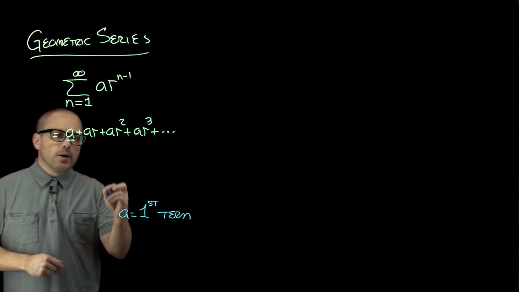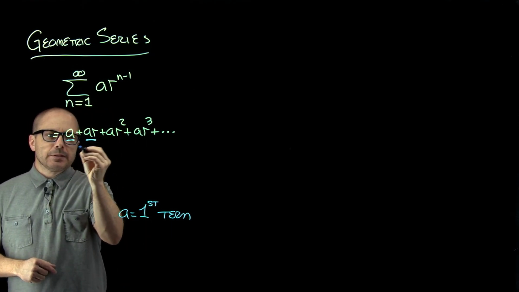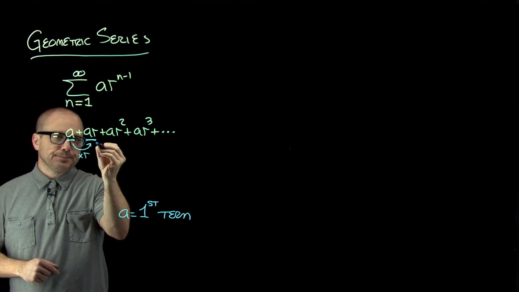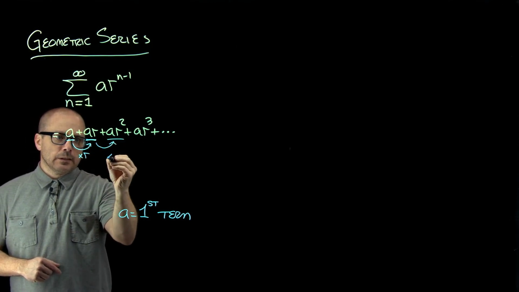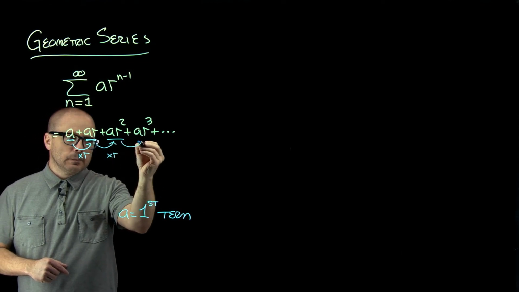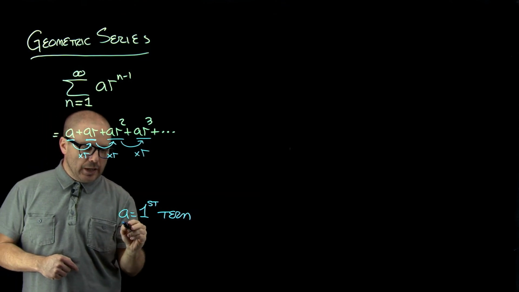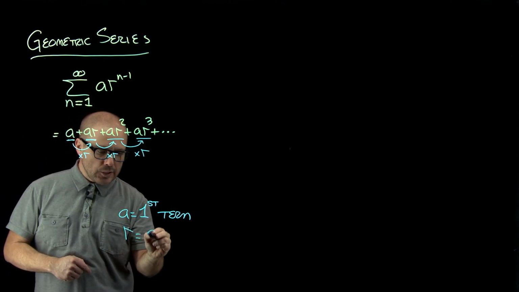And notice to go from each term to the next, you multiply by r, right? Times r, times r. r is called the common ratio.